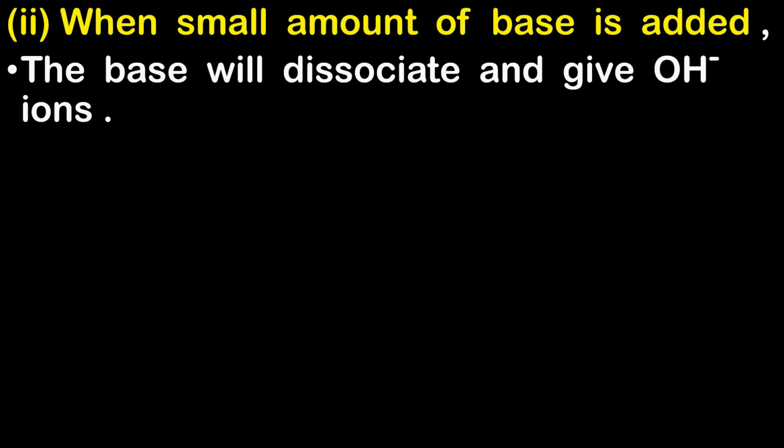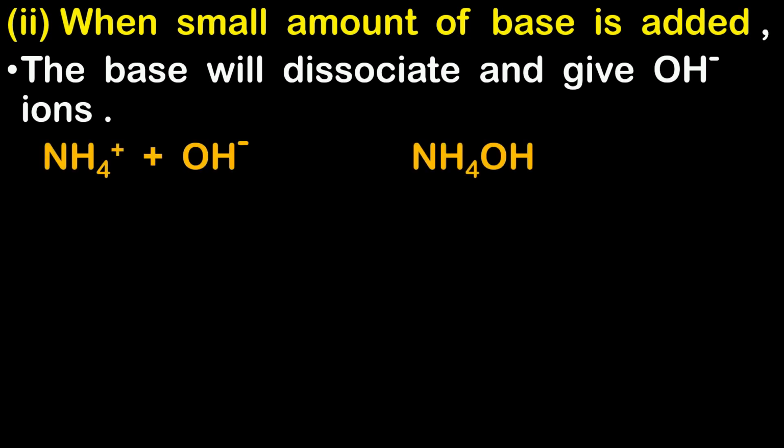And if it increases, then the value of pH is also going to change. But the speciality of a buffer solution is to not allow the OH minus ions to change the pH value. So how is it going to stop the OH minus ions? By reacting them with the NH4 plus ions.